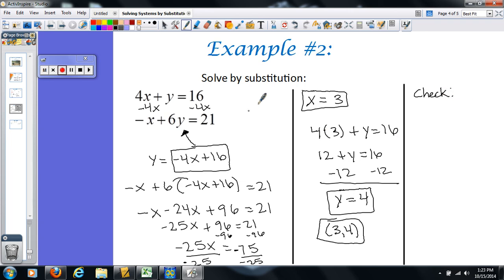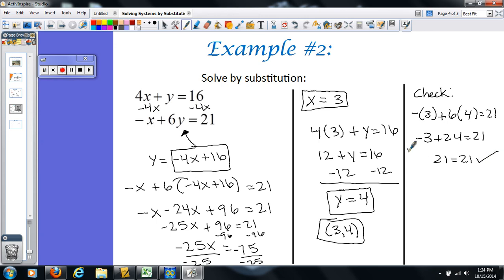I used the first equation to find the value of y, so I'm going to use the second equation and plug both of these in. So I have negative 3 plus 6 times 4 equals 21. That's negative 3 plus 24 equals 21. This gives me 21 equals 21, and my answer checks.